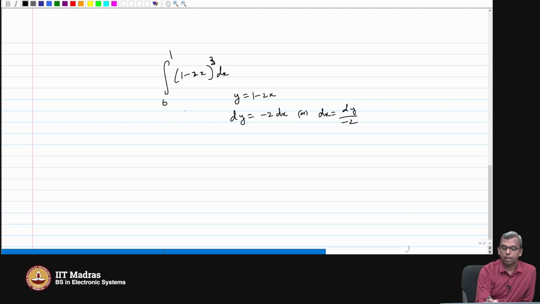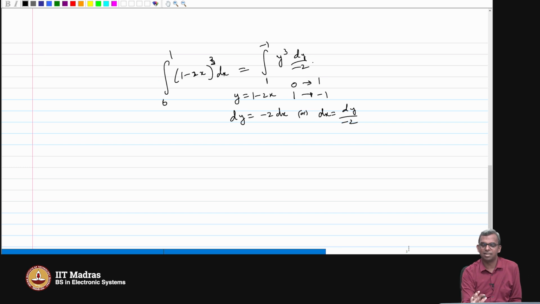And then what about the limits under this substitution? 0 goes to 1 minus 2 into 0, which is 1. 1 goes to 1 minus 2 into 1, which is minus 1. So this will become, under this substitution, integral, instead of 0 it's 1, instead of 1 it's minus 1. 1 minus 2x is y, right. So y cubed, dx is dy by minus 2.